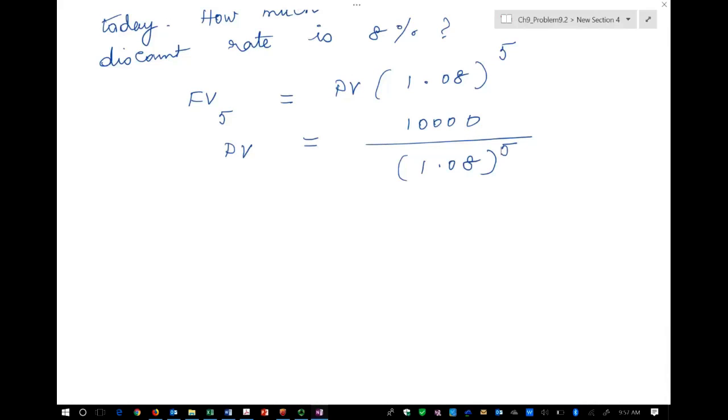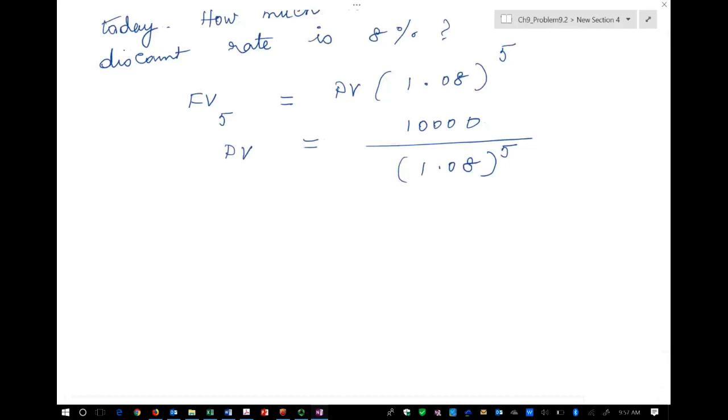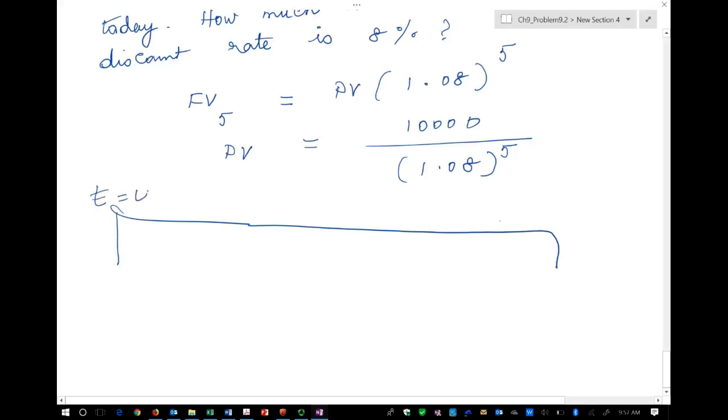Let us draw this timeline. So, let us introduce t is equal to 0, t is equal to 1, t is equal to 2, t is equal to 3, t is equal to 4. Let us just go up to there.